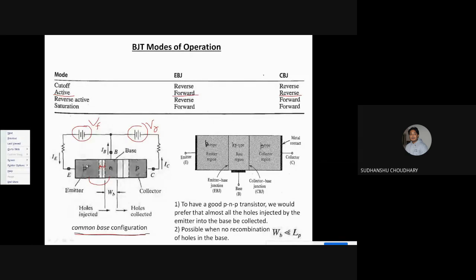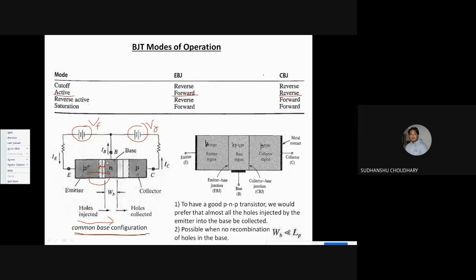So holes will start diffusing from P to N, and electrons start diffusing from N to P. So holes are diffusing from P to N, and they come into the N region. Because of diffusion, holes are now injected into the N-type region.